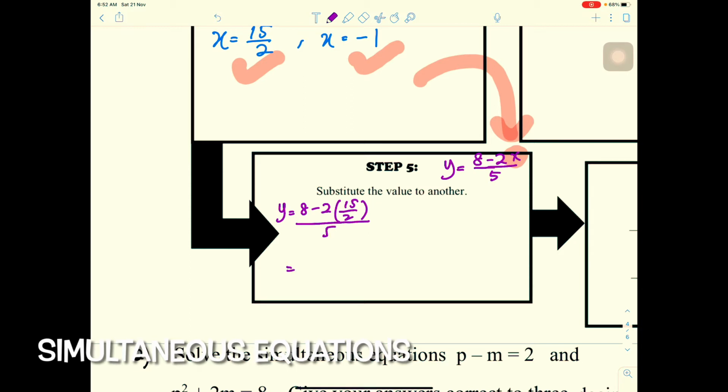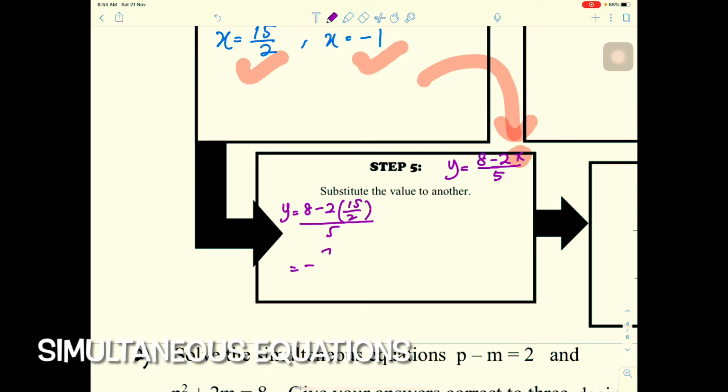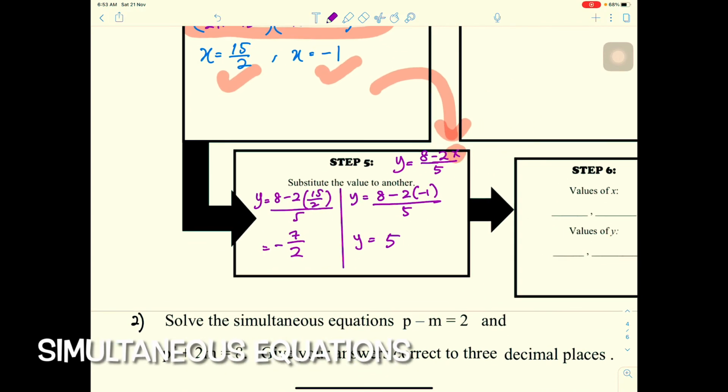By using the calculator, you get y equals negative 7 over 2. And for the second x, substitute 8 minus 2 times negative 1, over 5. So y equals 5 by using the calculator.